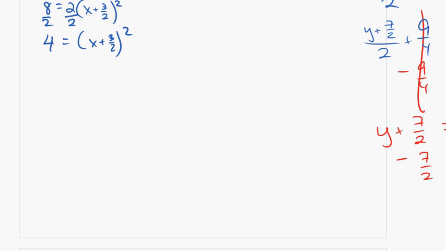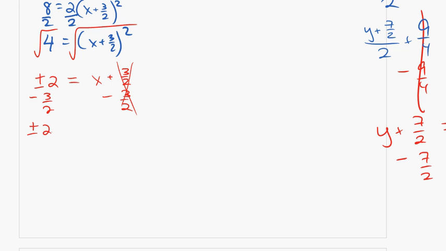And now I take the square root of both sides. So I get plus and minus 2 equals x plus 3/2. So I subtract 3/2. And you might at this point be asking me, why am I not just using a decimal? Well, sometimes the decimal version that I get here isn't exact, and so I want to stay as exact as I can. So I get plus and minus 2 minus 3/2.